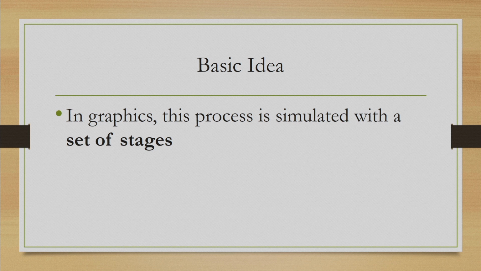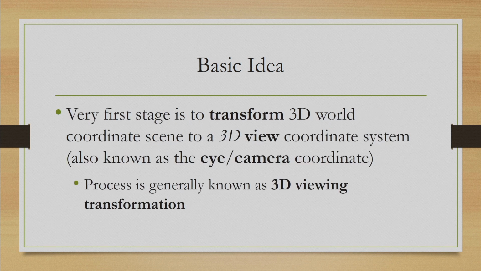Now, this process of taking a photograph is simulated in computer graphics with a set of stages, and these stages together constitute the fourth stage of the graphics pipeline, that is viewing pipeline. What are those stages? The very first stage is to transform the 3D world coordinate scene to a 3D view coordinate system or reference frame.